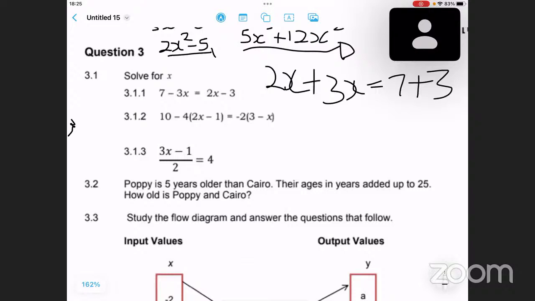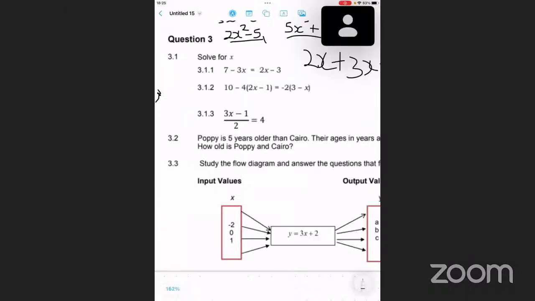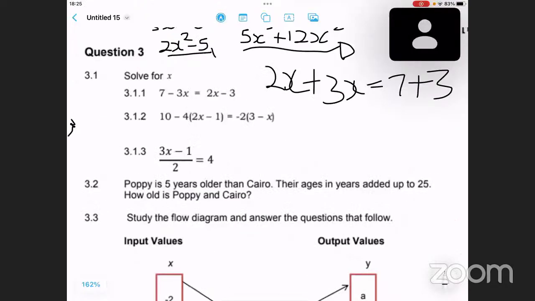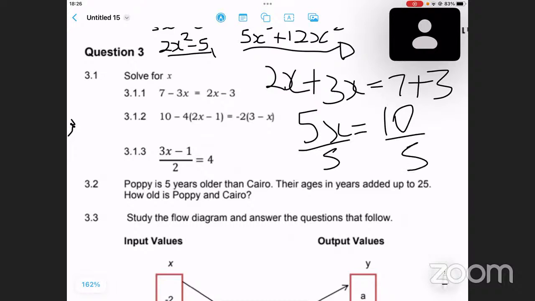Then ma'am, it's gonna give you 5x. 5x is equal to 10. Then you divide both sides by 5. 5x is equal to 10, and we divide both sides with 5. Then x is equal to 2. Our x is equal to 2.